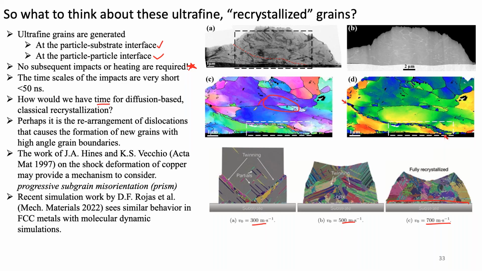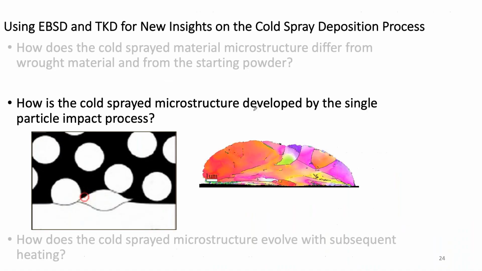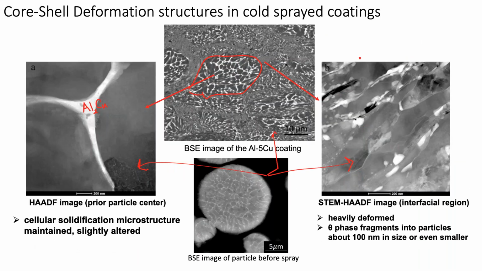It's a good question. I don't know that it is plastically deforming per se. If we go back up here, this is one of these aluminum 2 copper ones. If I didn't tell you that this was cold spray, and this is right from the middle of one of these powder particles, you might not know that this is a cold spray material.